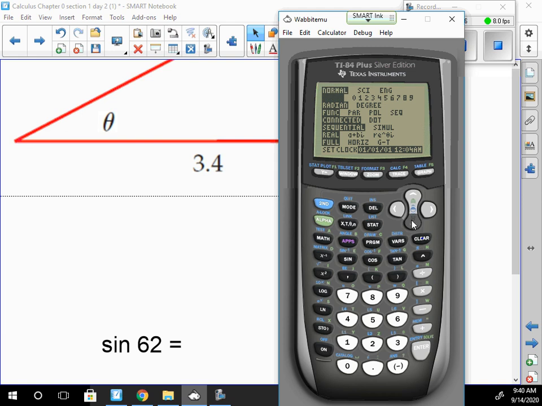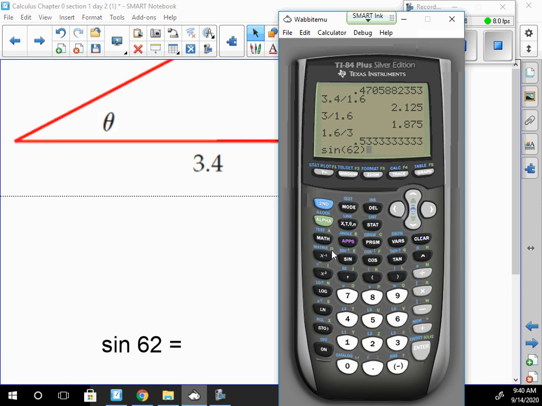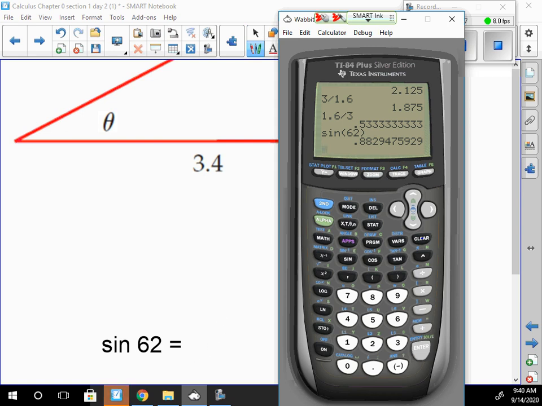Make sure that I am in degree mode because that's 62 degrees. So you push mode, come down to where it says radian and degree, go over to degree, push enter, second, and quit. And now we're back to our main screen. If I push enter now, I'm going to get approximately 0.8829.